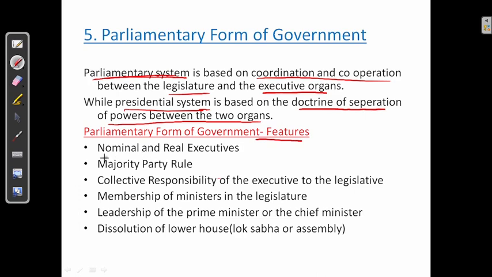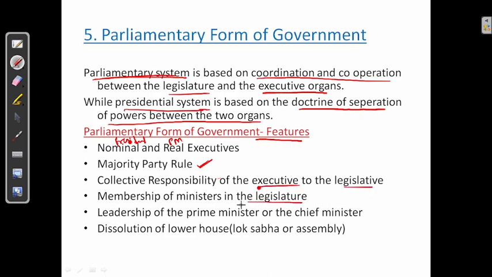Now let us see the features of the parliamentary form of government. First is nominal and real executives: nominal is the President, real is the PM. Next, majority party rules. Whichever party secures the majority of the votes is going to rule. Next, collective responsibility of the executive to the legislature.